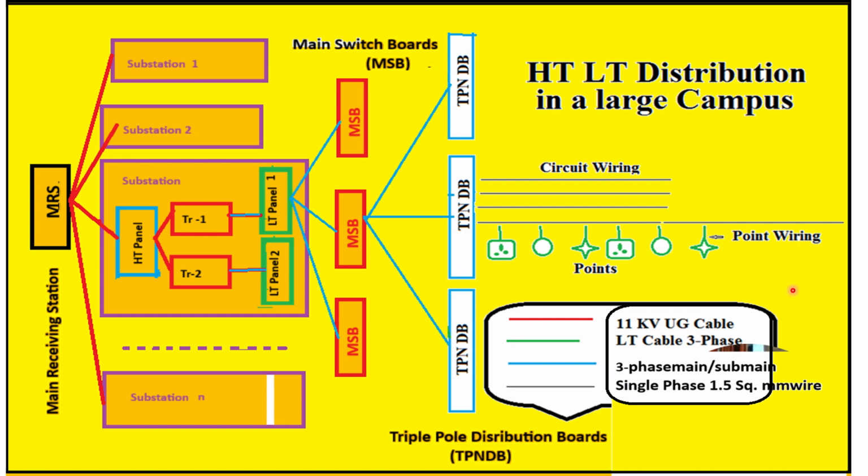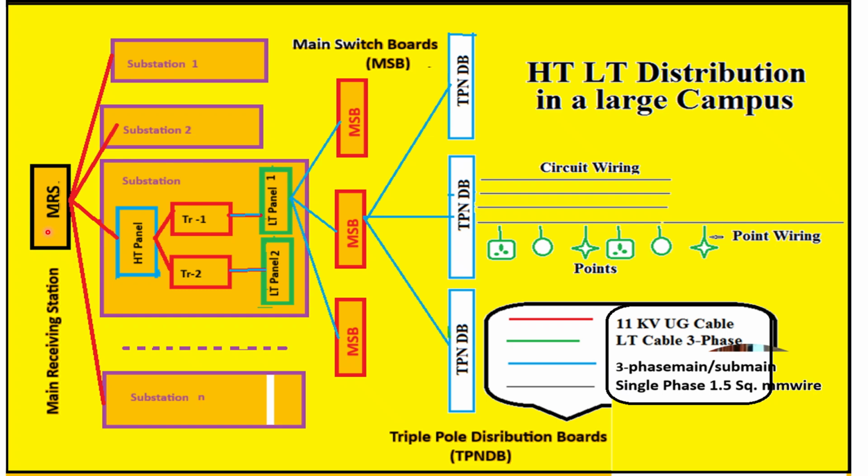Friends, just watch this diagram and I will tell you how the electricity is used ultimately. There could be a main receiving station feeding so many substations in case of a large campus, and this voltage may be 33 kV.